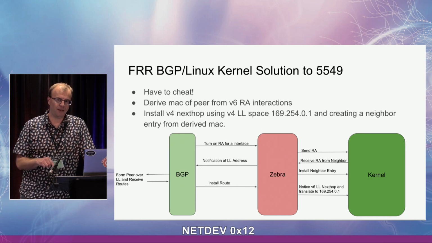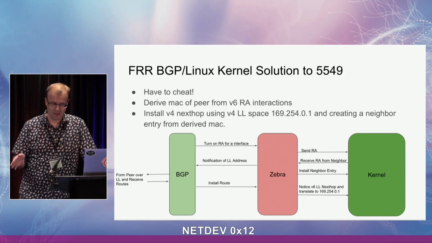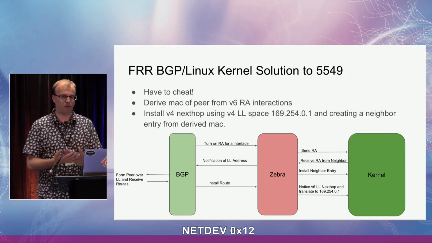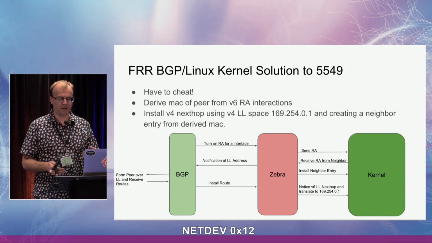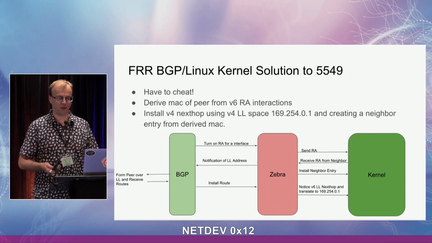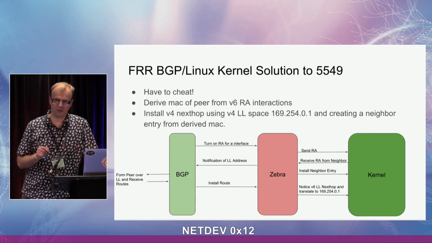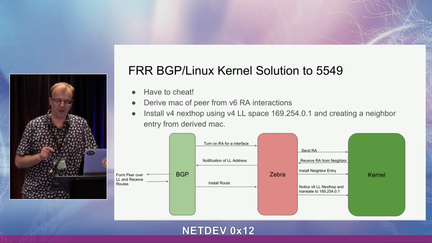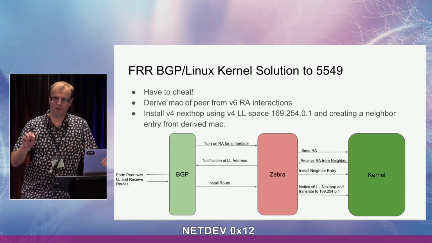BGP takes that data and forms a TCP connection using the link local address of the peer. And at that point in time, it goes through the normal BGP mechanism of bringing the neighbor up, and then gathering routes from it, and then it installs the route. And Zebra will see the V6 next hop that BGP installs and go, oh, I should use the 169.254.0.1 next hop instead.